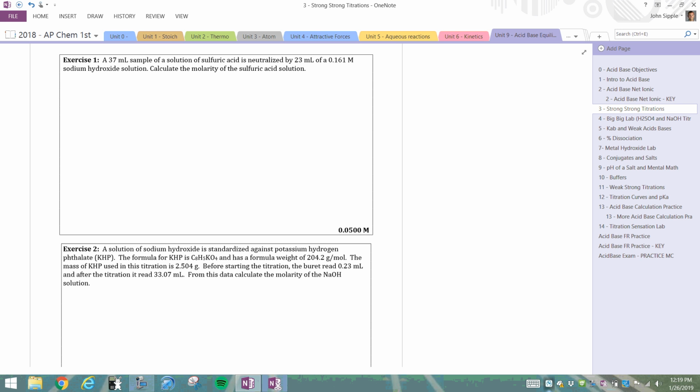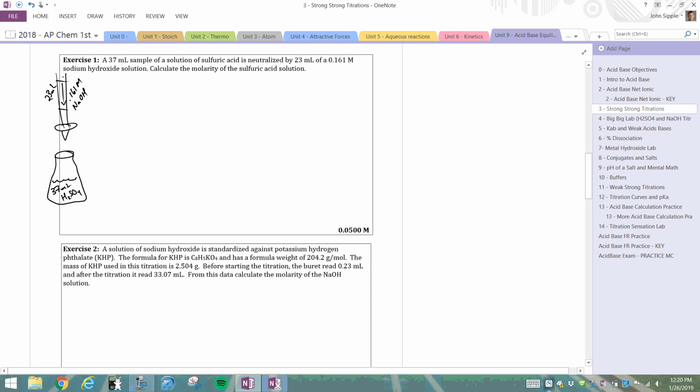Our sample is in our flask here, so we've got 37 milliliters of H2SO4, and our base was in our burette, 0.161 molar NaOH, and we added 23 milliliters there.